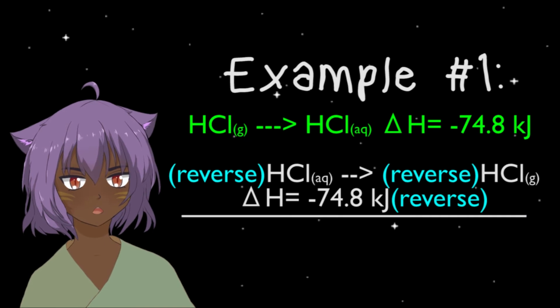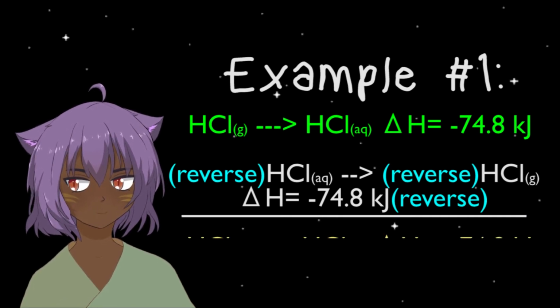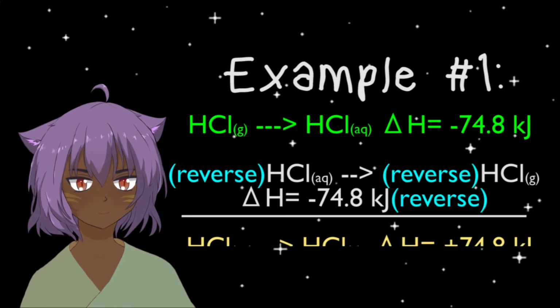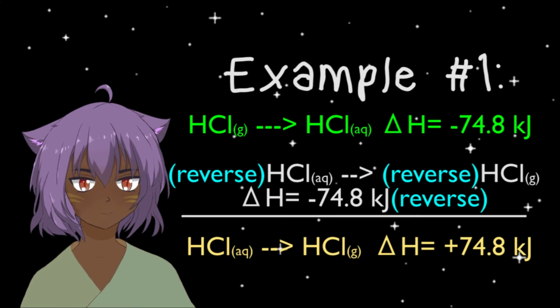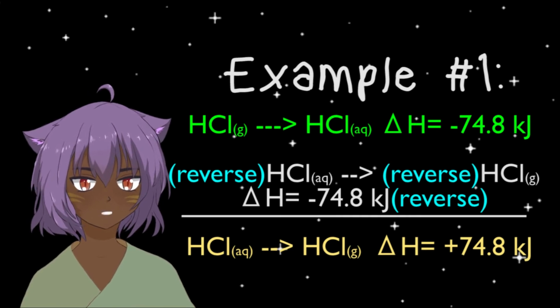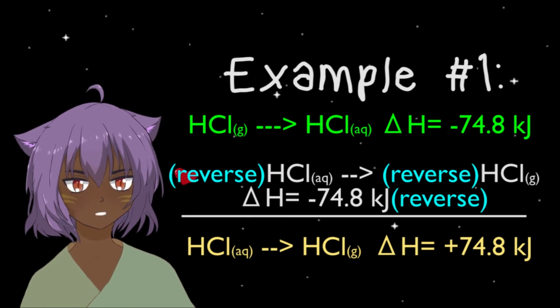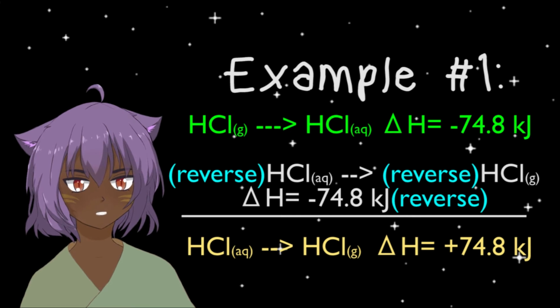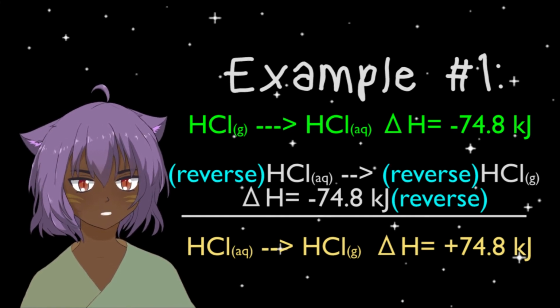The product side will now go to the reactant side, and the reactant side will now go to the product side. So HCl aqueous yields HCl gas. As the second principle stated, when the equation is reversed, the sign of the enthalpy is reversed as well.